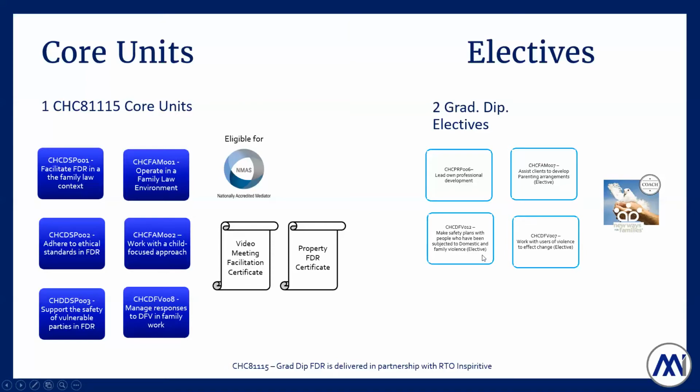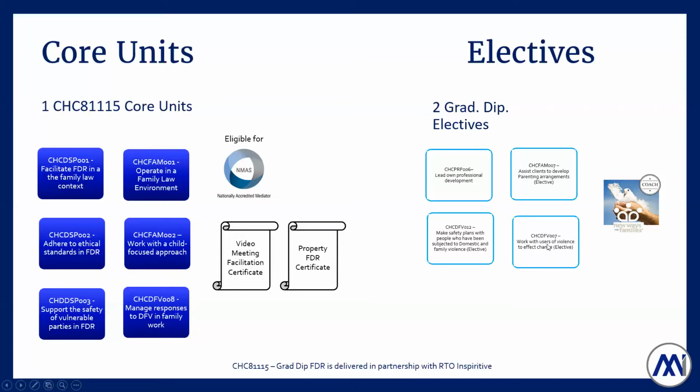So this elective we're using to make sure that practitioners are not only screening for risk and family violence in terms of is family dispute resolution suitable, but also working with clients where you have identified risks to make sure that they have whatever precautions that they can make in place. So it's not good enough for us to know that there's family violence and then send somebody off with a Section 60I certificate.